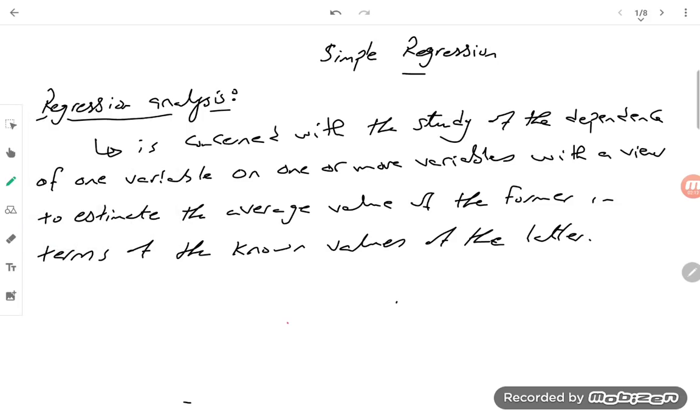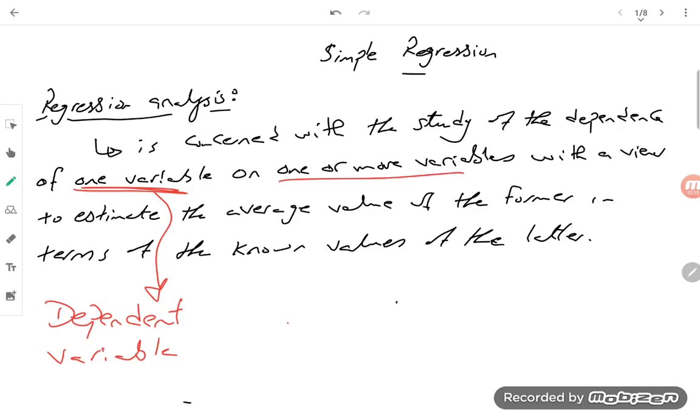So once again, we would like to study the dependence of one variable, which is known as the dependent variable, on one or more variables which are independent or explanatory variables.